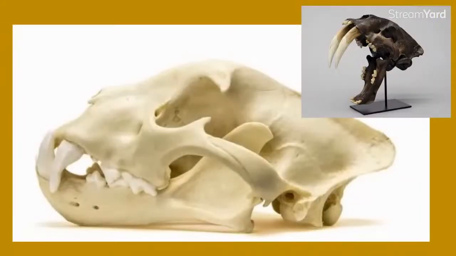Okay, and then here, speaking of skeletons, here's the skull of a saber-toothed cat. So again, that cat family, the Felidae, they're very old, millions of years old, and here in North America, we had these guys.